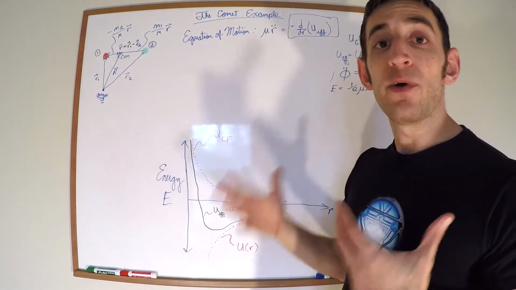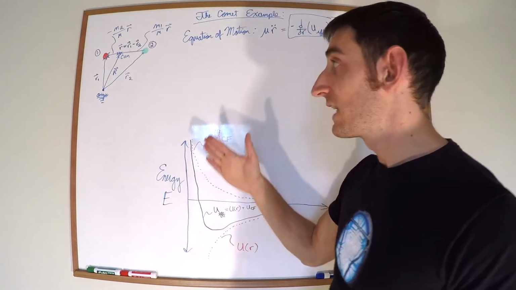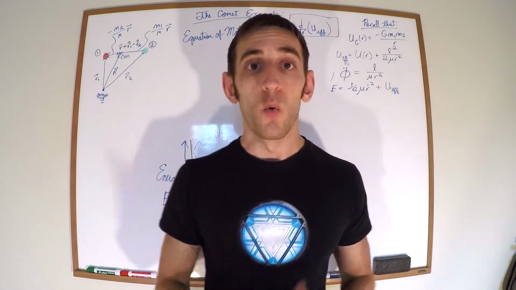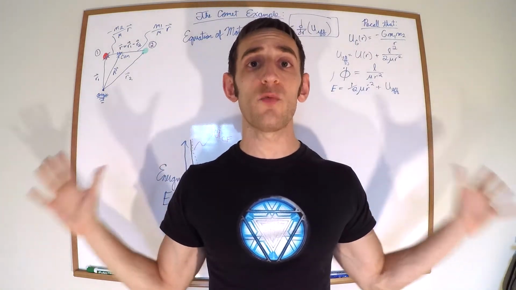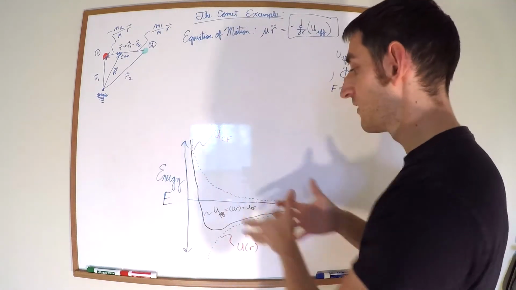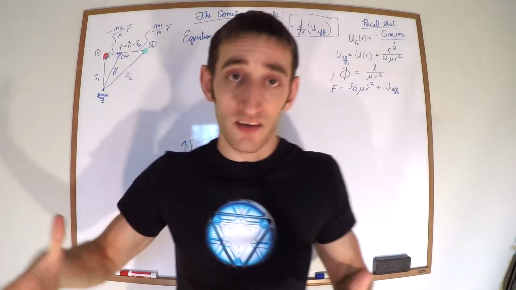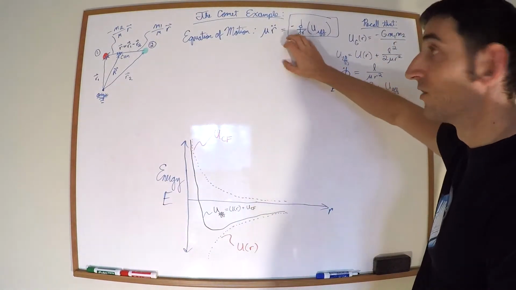You know, if we look at the energy of the comet, can we figure out if it's bounded? Can we figure out if it's unbounded? Is it going to fly off into space? What can I divulge? We're going to use this to become more acquainted with this problem, more acquainted with this potential energy well, and that's going to guide us through the analytical process of trying to solve this.